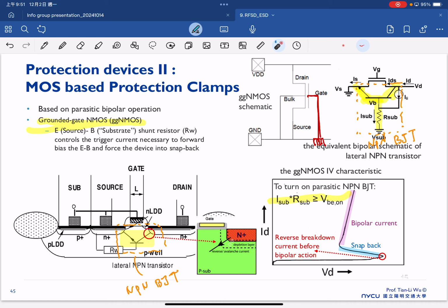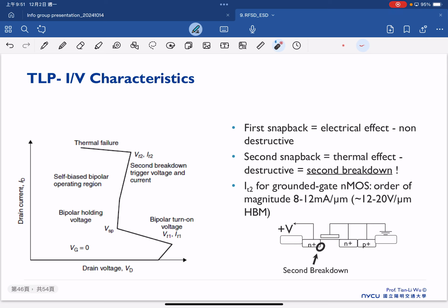And therefore, we start to be able to operate in this region. This can help us make sure the current can be shunted away without damage to our functional ICs. This is also typical if we use the TLP methodology to test our ESD capability.